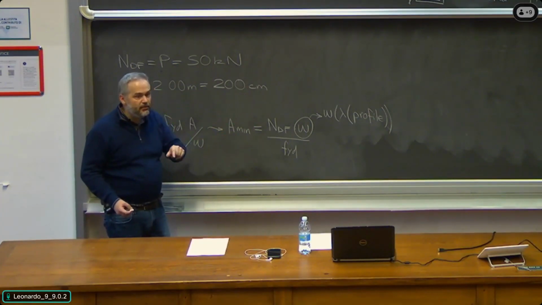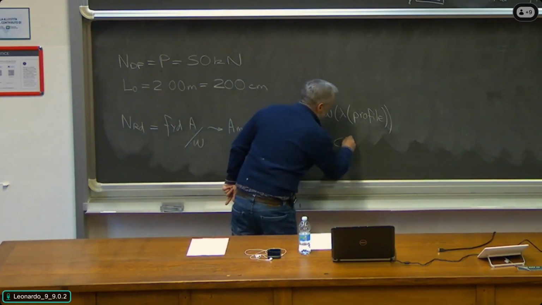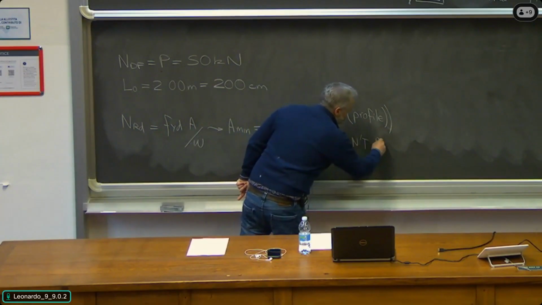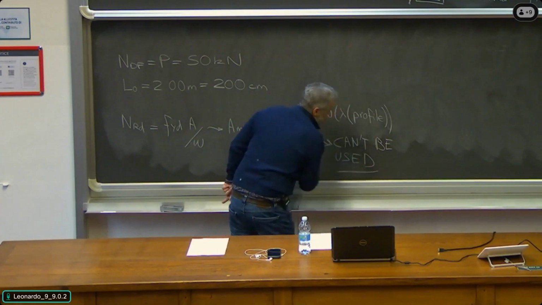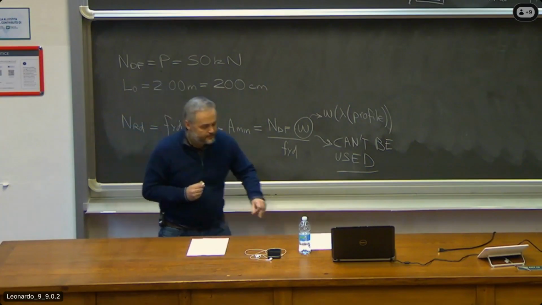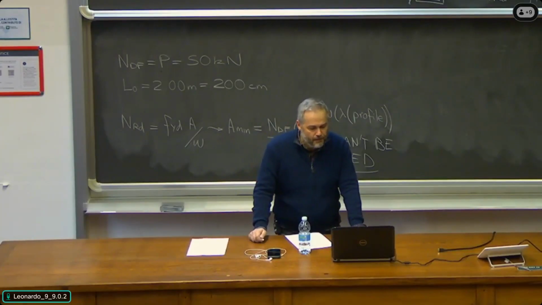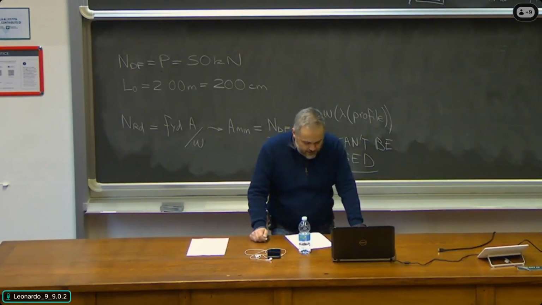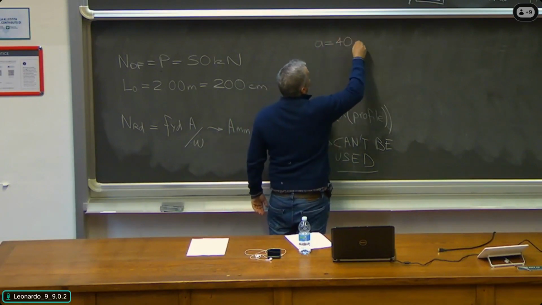But if you look at the table, there is something which makes the design simpler. Let's look how. This can't be used directly to immediately get the solution. We have to make some tricks. So look at the table, and look at the profiles with A equal to 40.